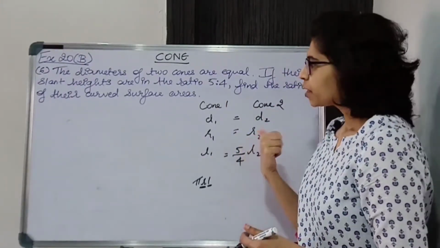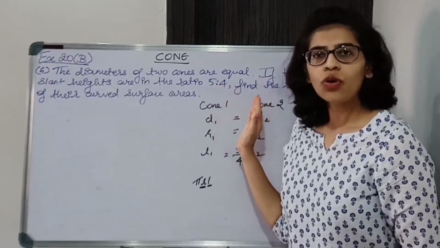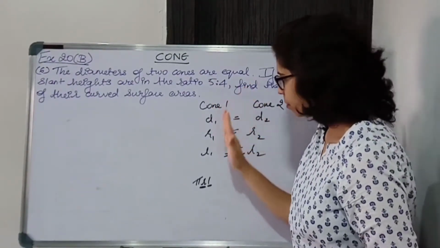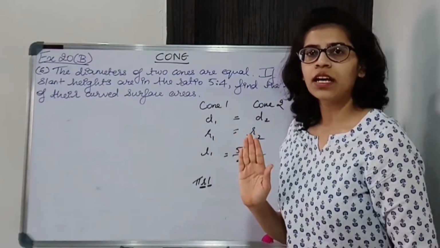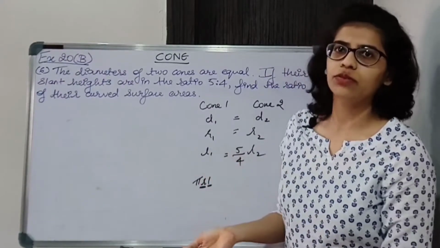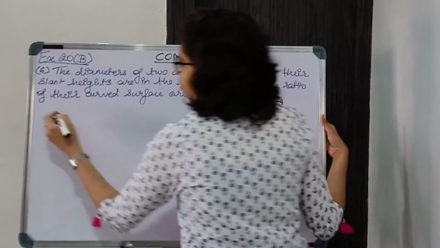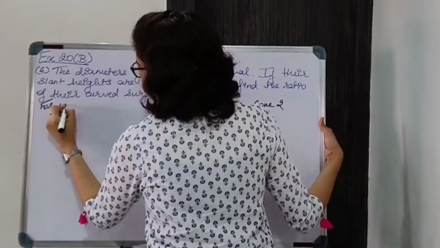Okay, so let us start with the statement first. So for cone 1, let the diameter, radius and the slant height be d1, r1 and l1 respectively. So you have to write down the statement, and same thing for cone 2. So write down the statement for cone 1.